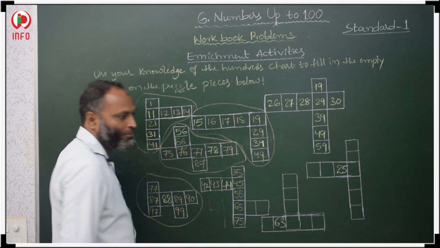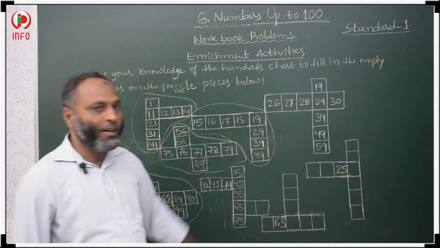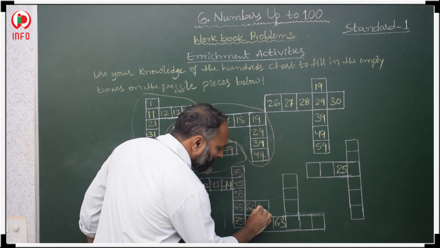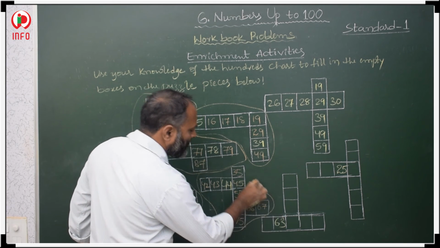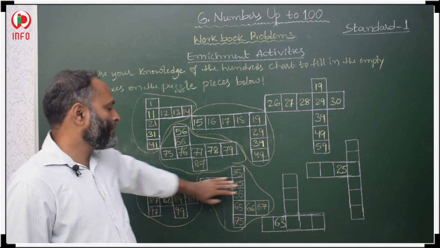Then this is horizontal, so we write serial numbers 65, 66, 67. So this is your fifth part. First, second, third, fourth, fifth.